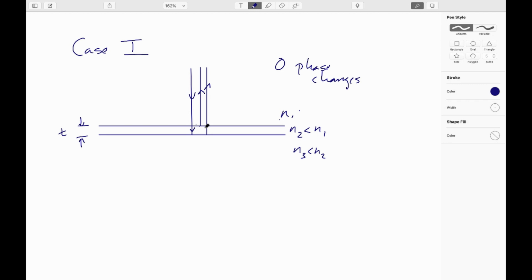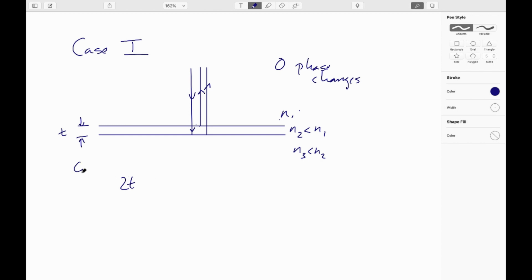We need to worry about this extra round trip distance right here in the thin film. The light that passed through to hit the bottom of the thin film and then comes back up, the extra round trip distance it made was 2T, where T is the thickness of the film.